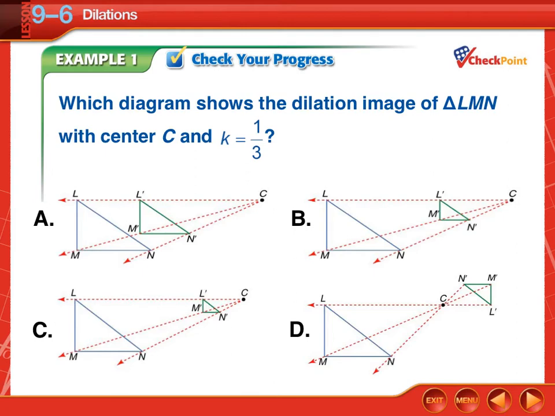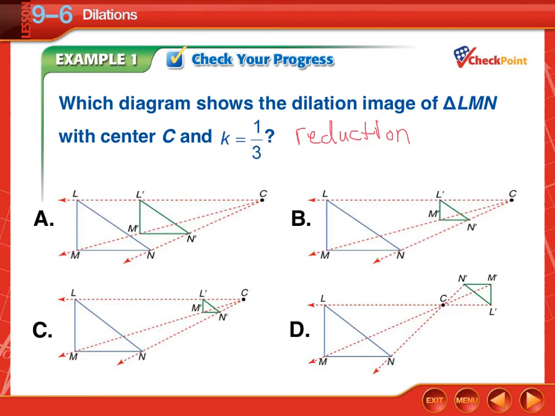Okay, which diagram shows the dilation image of triangle LMN with the center point C and a scale factor of 1/3? Well, we know for sure that a scale factor of 1/3 is going to be a reduction. So let's look at our options here on this multiple choice problem. We will see the prime images have to be smaller than the pre-image.